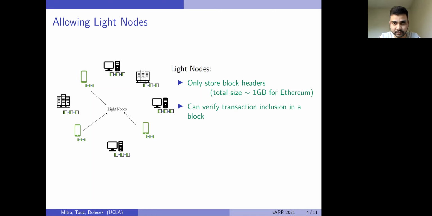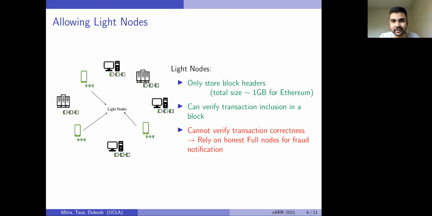Now, by using the header that is stored in the blocks, these light nodes can verify the inclusion of a transaction in a block. But because they are not storing all the transactions, that is, they are not storing the entire block, they cannot verify the correctness of a transaction, and they rely on honest full nodes for fraud notification of any incorrect transaction that might be present in the block.